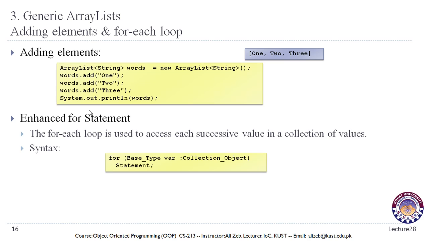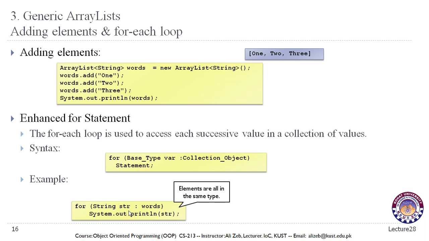The syntax for this is: for each variable of this base type in the collection object, the statement is executed. For example, for each string in the array list words, print that string. This is how we can print the elements of the array list using the for each loop, or the enhanced for loop.